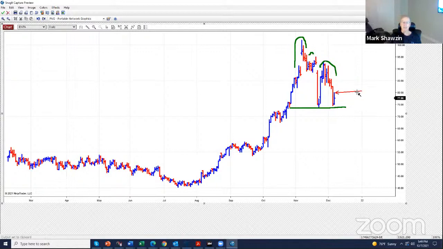So this is an inside bar right here. You could put a pending order there to sell it and have your risk there. So you've got a $5 stock, risk for an unknown outcome. But this is something I would look at.